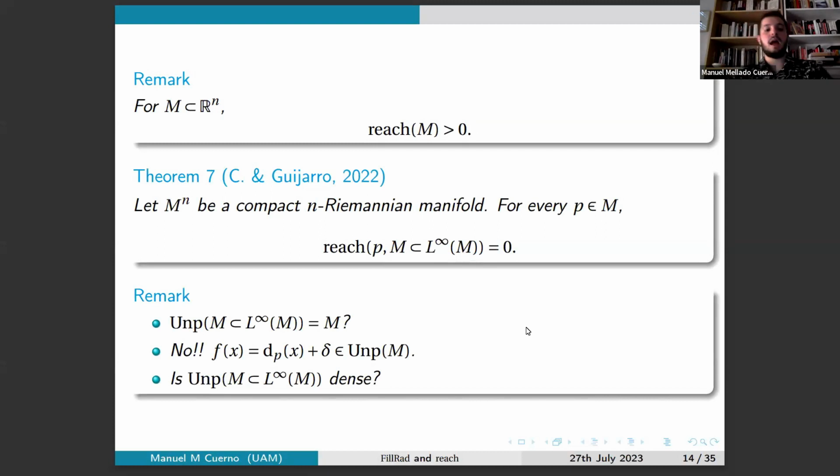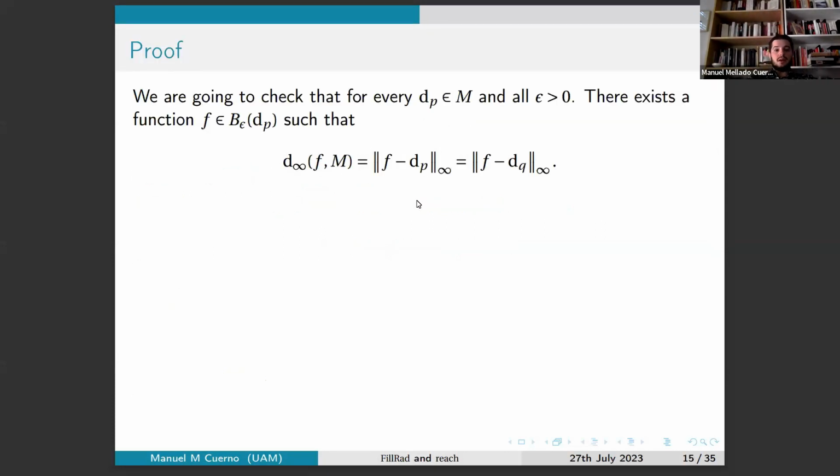So now I'm going to prove theorem 7. The proof of theorem 7 is a very easy metric proof. We are going to check that for every function in the manifold and every epsilon greater than 0, there exists a function in the ball such that it has at least two barycenters.